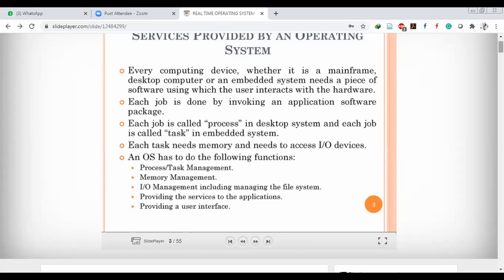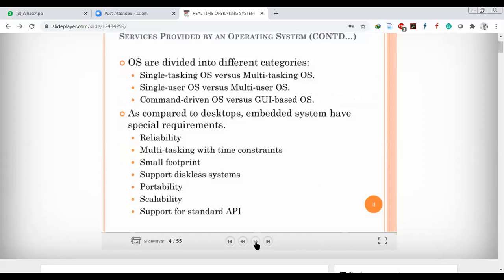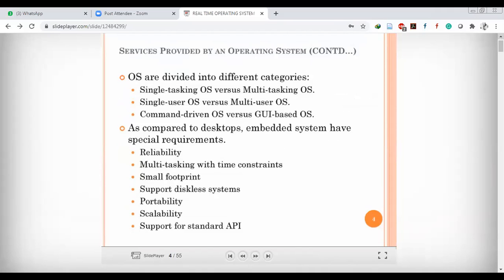These are the common services provided by any operating system, not only limited to the RTOS.